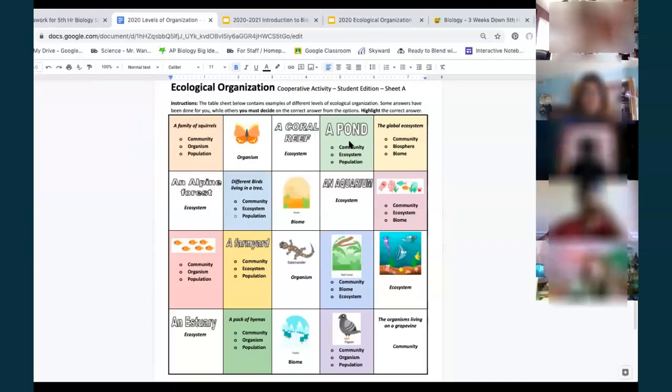Since I included the non-living component, it makes it an ecosystem. So any that had both living and non-living, ecosystem. The globe is the whole sphere, right? So that's my biosphere. In this one, we have different types of organisms, and here we have different types of organisms. Both of these, because they're different organisms in an area, they're a community.